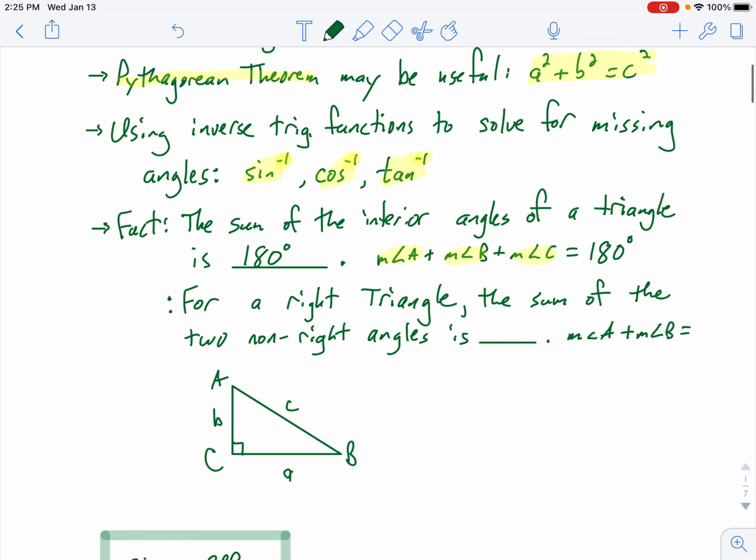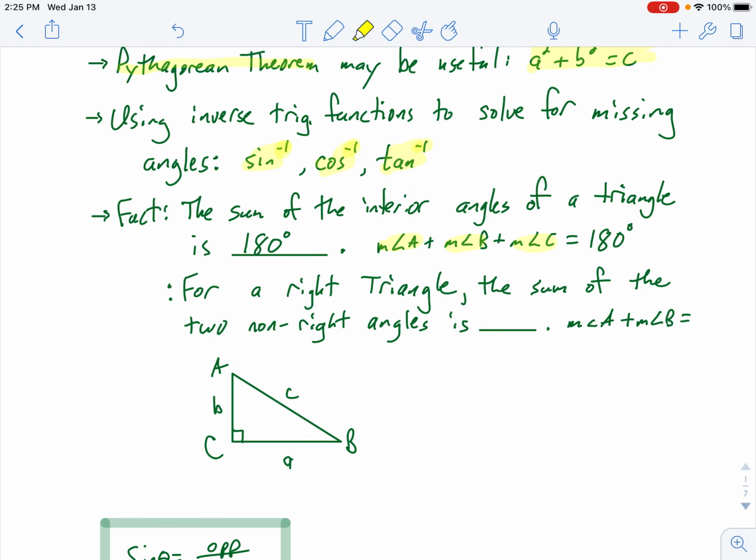Now for a right triangle, since one angle is always going to be 90, we could say the sum of the two non-right angles would have to be 90 degrees, because 90 out of 180 leaves 90 degrees left for the other two angles to add up to.